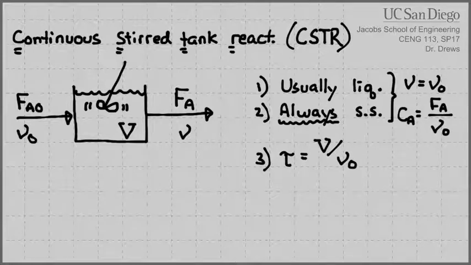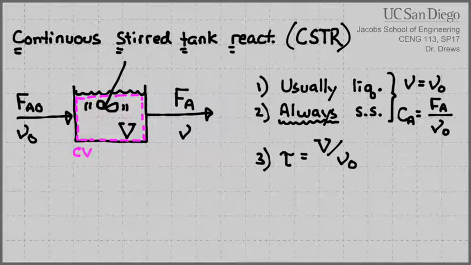The first thing that we need is a material balance. So the control volume that we're going to talk about is the volume of liquid that is inside our reactor. I'm going to highlight that in the fuchsia pink purple color that nobody knows.